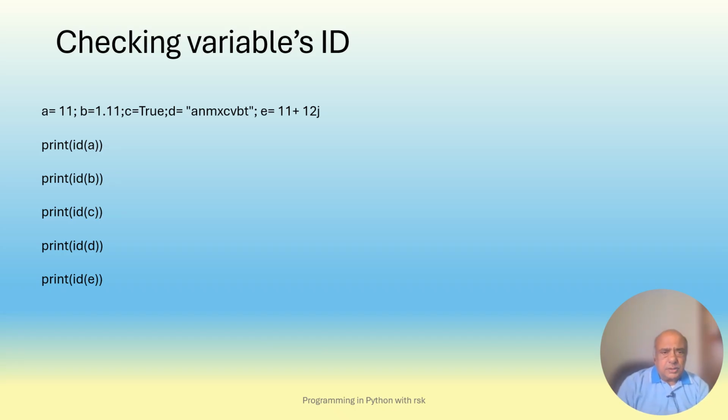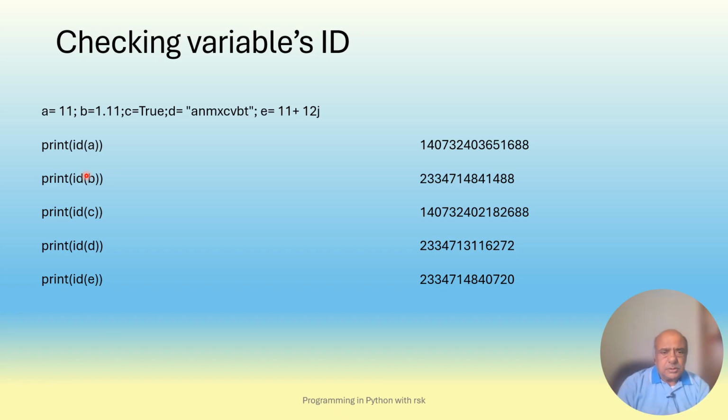Then there is another function in Python called id, both in lowercase, i and d. What it gives us is the ID allotted to that particular object by Python's compiler. In the same way, values are assigned to A, B, C, D, E as we have seen in the earlier slide.